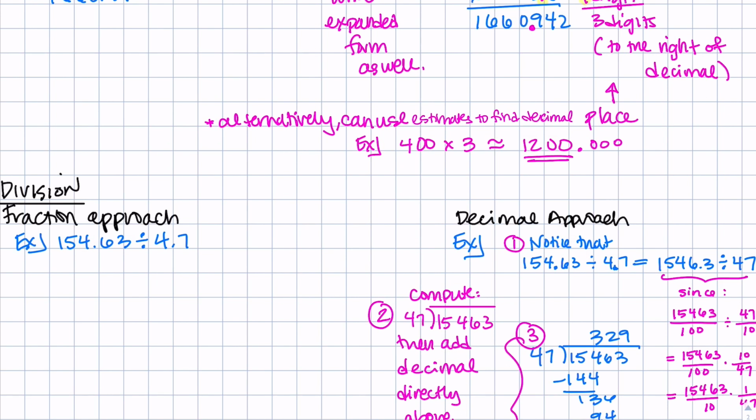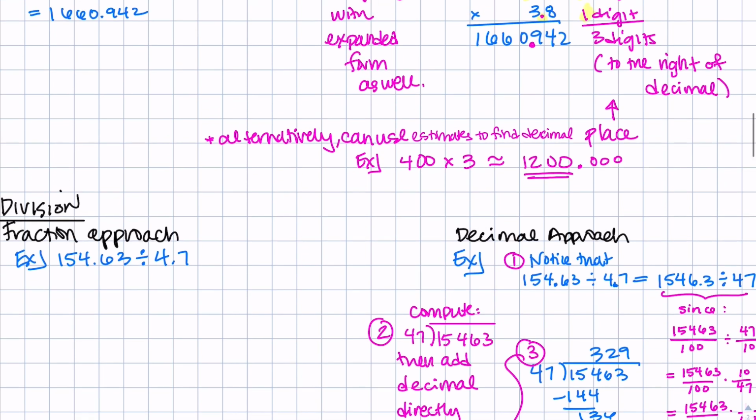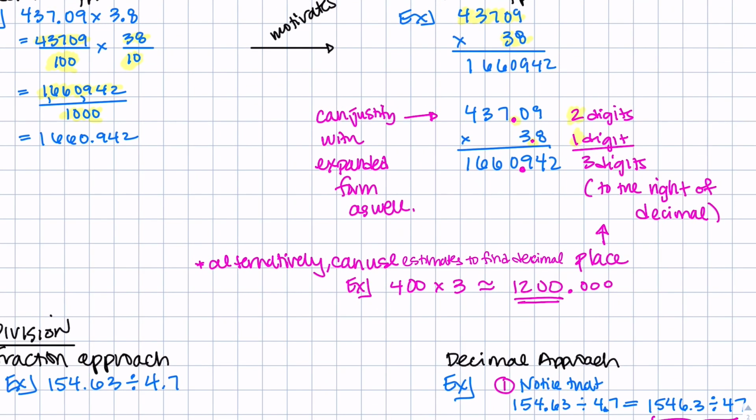Okay, great. So alternatively, we can use this idea of adding the 2 digits to the right plus the 1 digit to the right to get 3 digits to the right when we're multiplying. When we're estimating multiplying decimals, for instance, in this little example, I have 400 times 3.